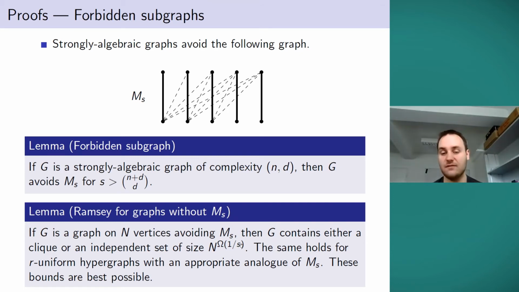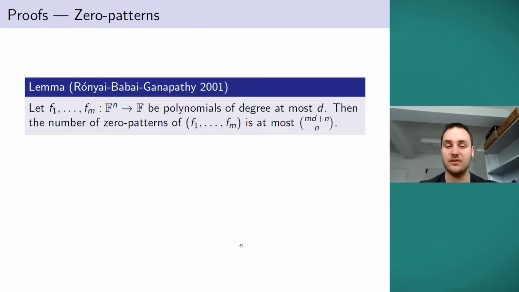But then what can we do to improve this in the case of algebraic graphs? One of the main tools we are going to use is a lemma of Rónyai, Babai, and Ganapathy about the number of zero patterns. They prove that if we have a sequence of m polynomials from F^n to F, each of degree at most D, then the number of zero patterns of the sequence is at most (md plus m choose n).